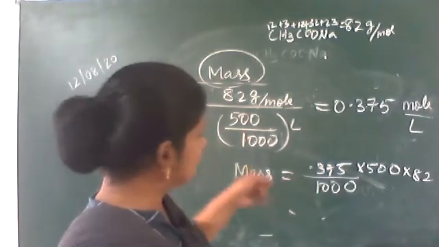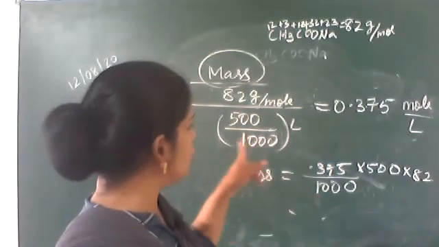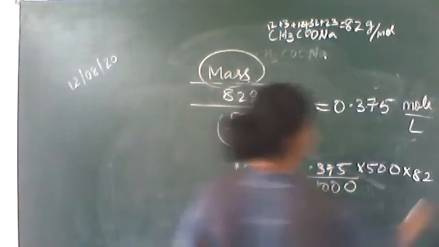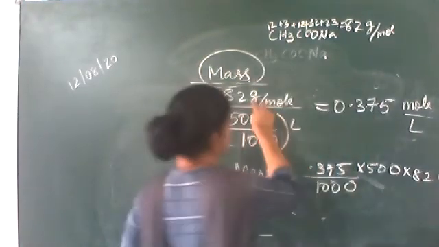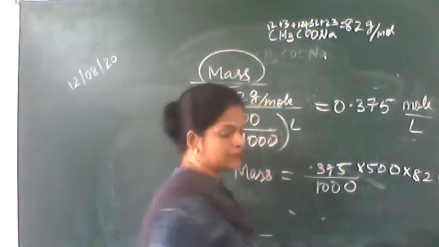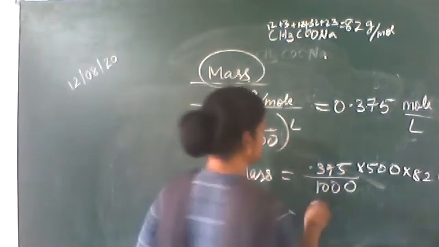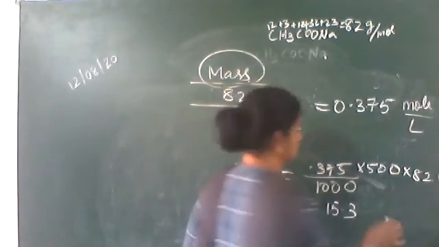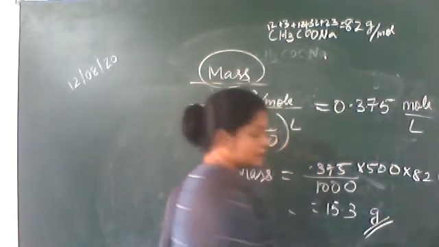So liter will get cancelled, mole will get cancelled, only gram will remain there. This gram, here it is in the denominator, there it will go in the numerator. That is 15.375, whatever it is, this much grams is required.